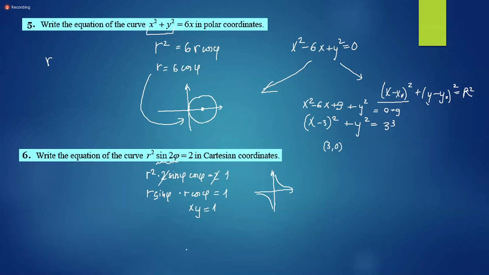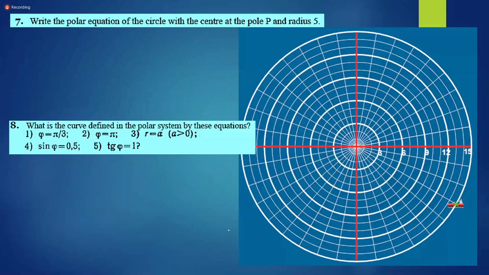So there are situations when one notation, one system, is better, and then some situations where the other is better. More. Write the polar equation of the circle with the center at the pole P and radius 5.